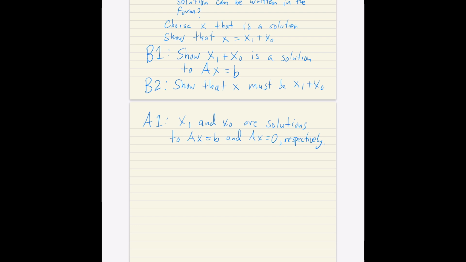And then we are going to have another vector x, which is just some general vector, is another solution to Ax equals b. And then what do we have to do after that? We're going forwards. So what do we have to do after that? We have to create a vector.